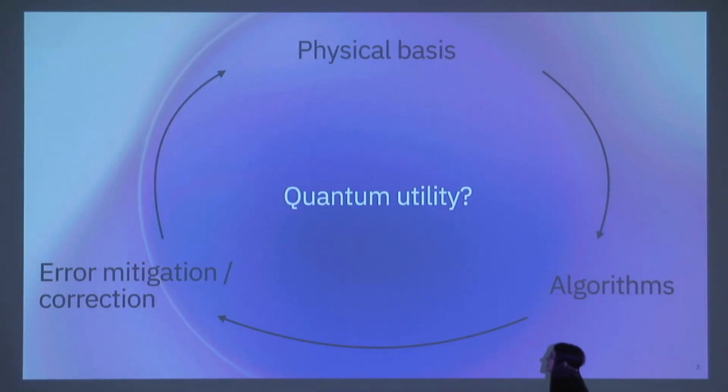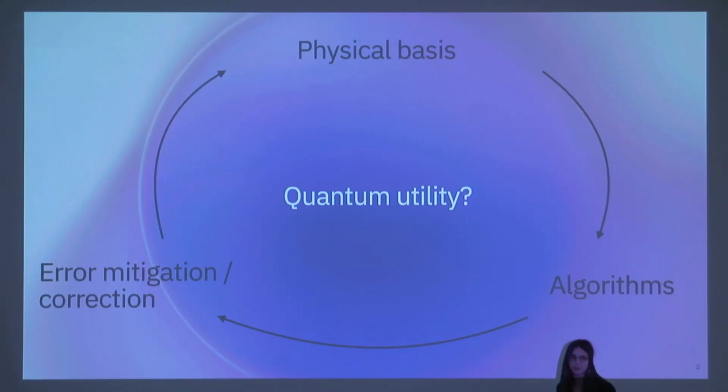So today's talk is going to be about this mysterious thing that people introduced only last year called quantum utility. And the goal is going to be to try to explain what it is and if we're actually there. And in order to answer that question, we're going to have to go straight to the basics of what the actual computer is.